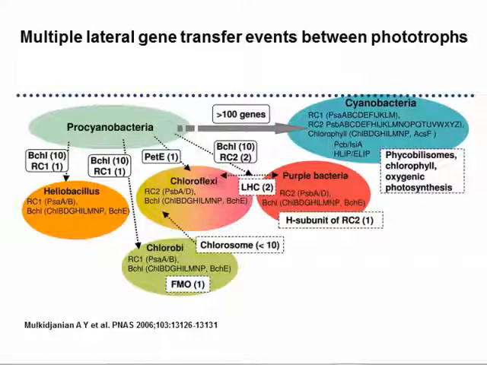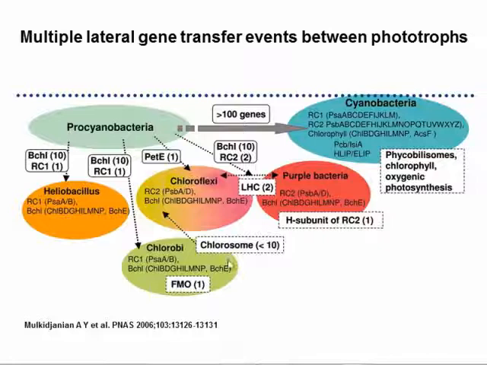Okay, that's what I was saying before. Multiple gene transfer between phototrophs. It's kind of difficult to really find out what was the first photosynthetic bacterium, but you don't really need to remember this.